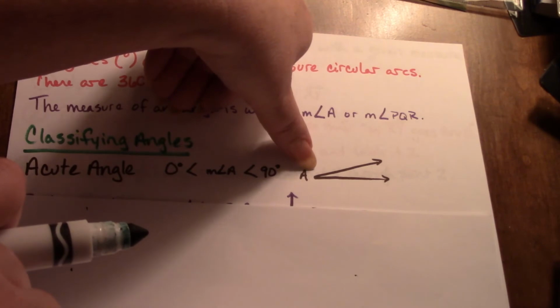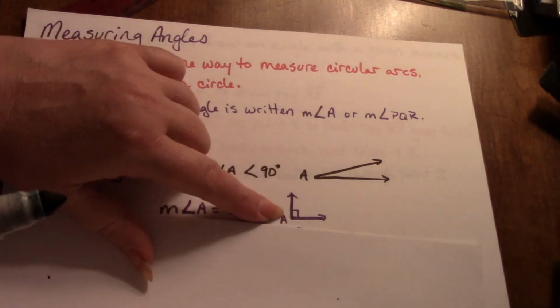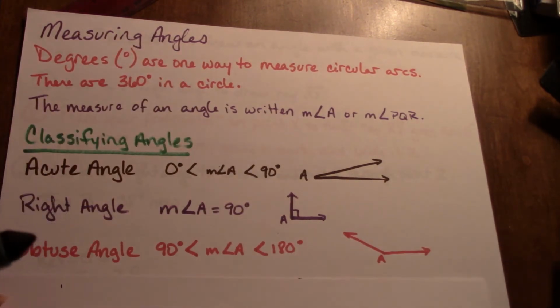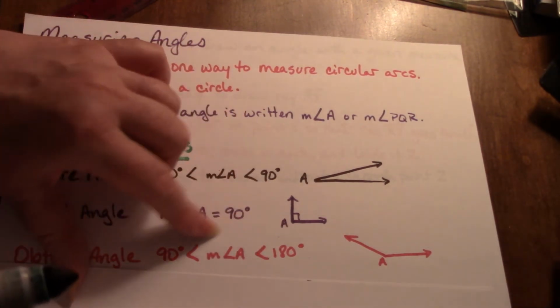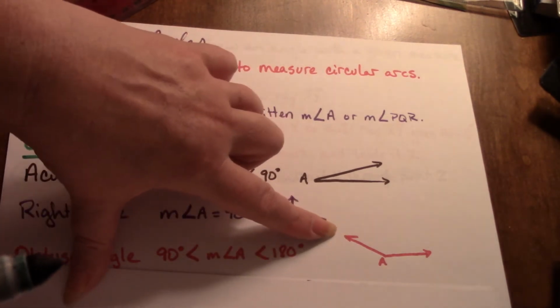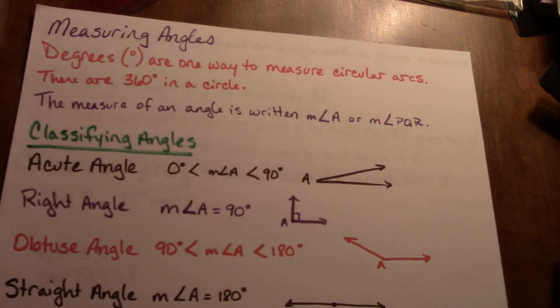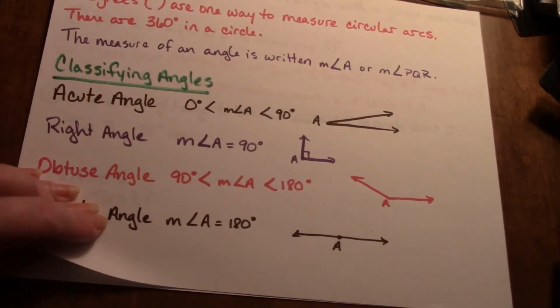A right angle measures exactly 90, and we tend to write it looking like this. An obtuse angle is between 90 and 180 degrees, but does not include them. It looks like that. And then we have the straight angle, which is exactly 180 degrees.